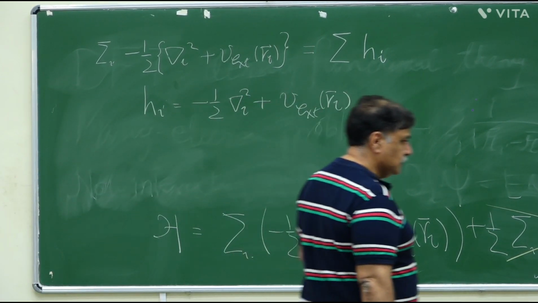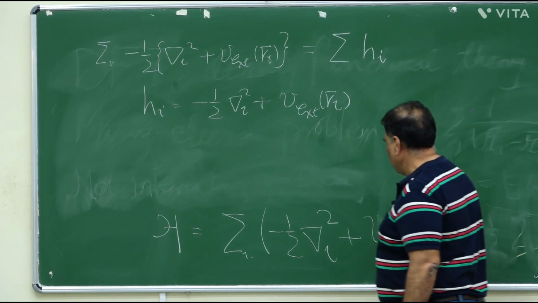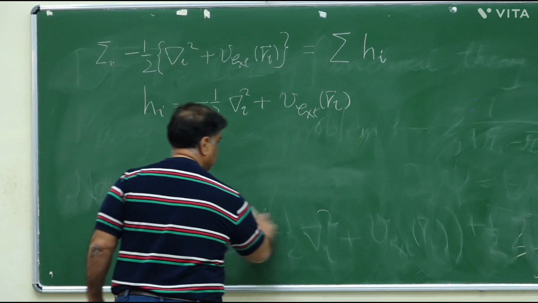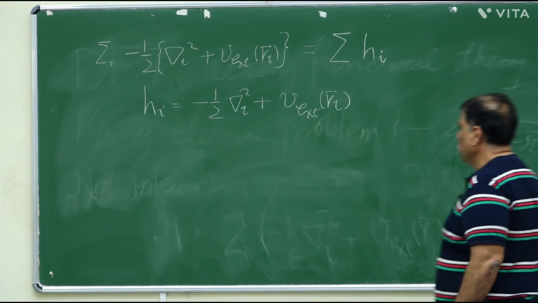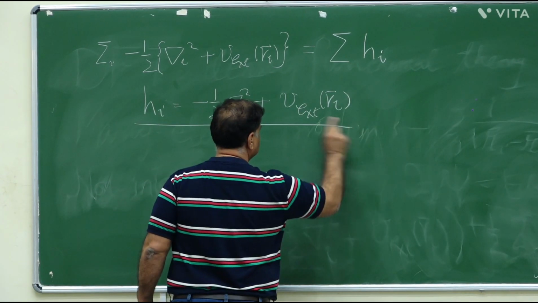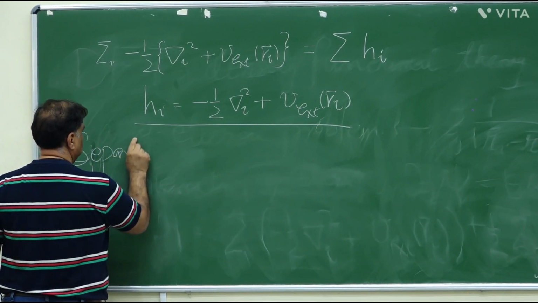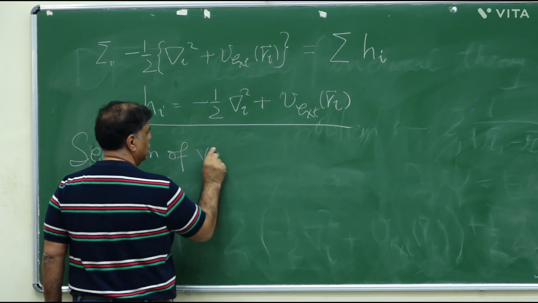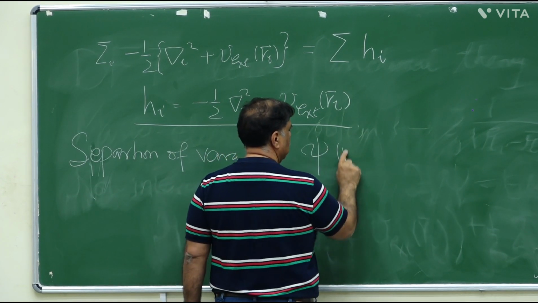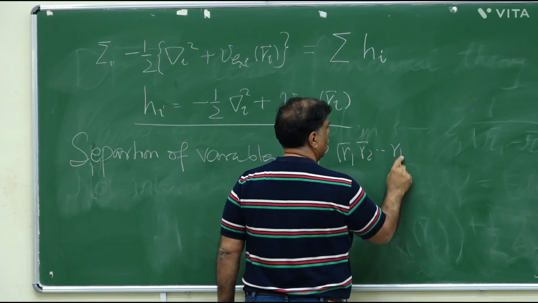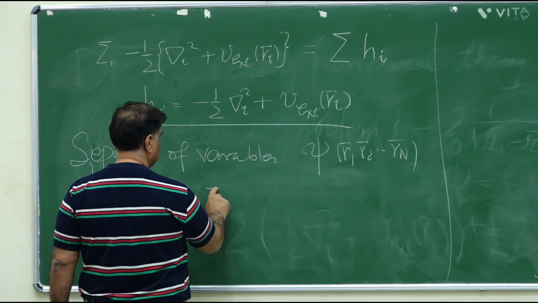Right? And since this is a sum over Hi, I can write my solution as a product wave function. And this is important, with this, I can use the separation of variables technique and write my wave function psi of R1, R2, up to Rn as a product wave function.